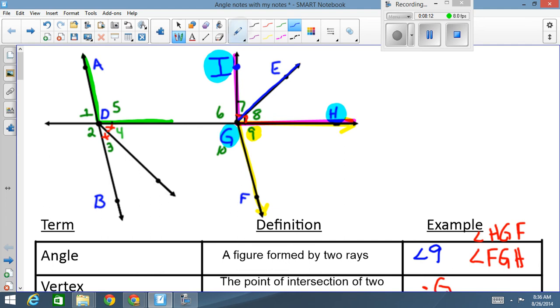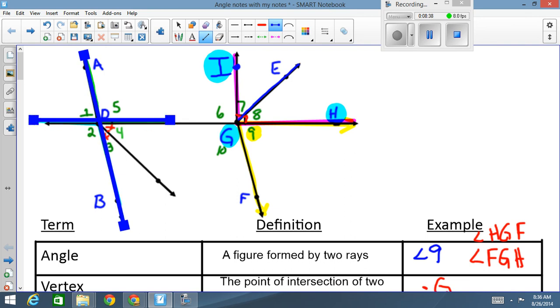I'm going to go back to that angle 5 that we just talked about, and I'm going to look at angle 2. Notice that these two angles share the exact same vertex, which would be point D. They are across from each other, and because of the lines that they share, meaning this line and this line, we know that those opposite angles are congruent, hence vertical angles.